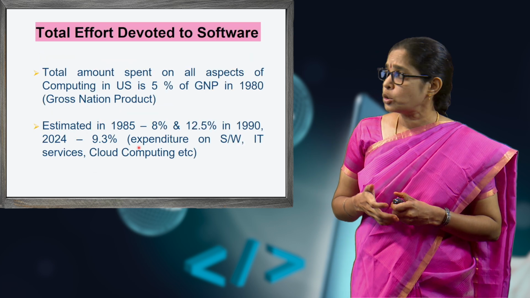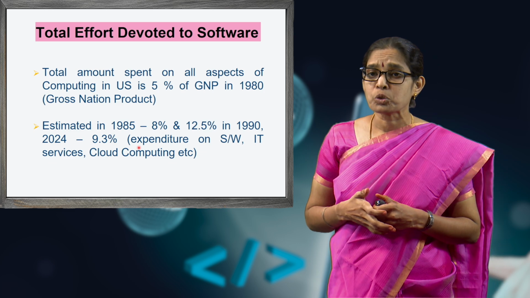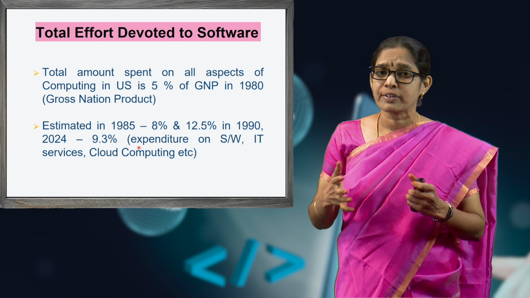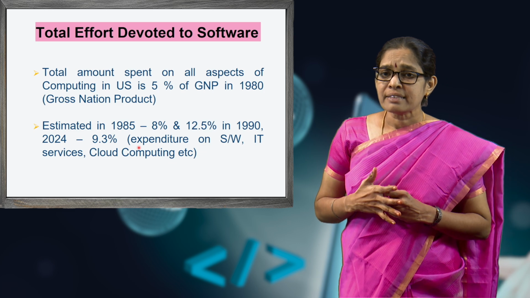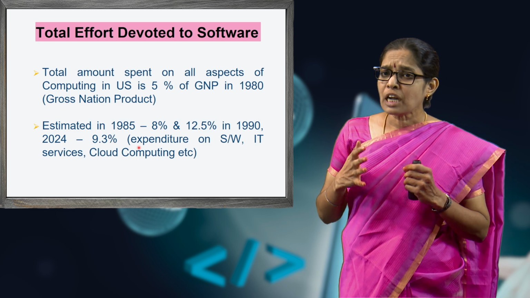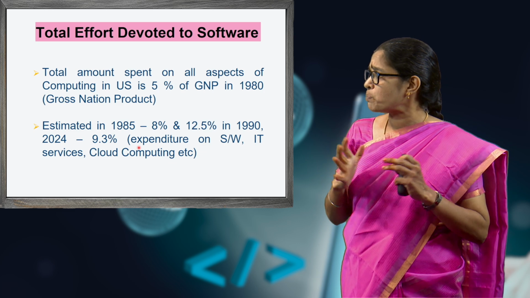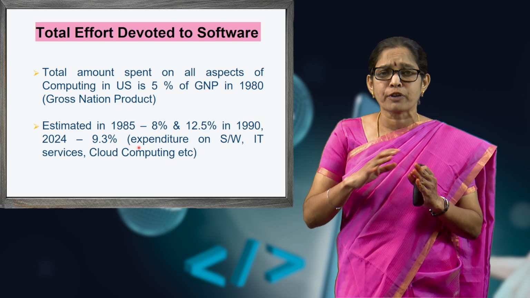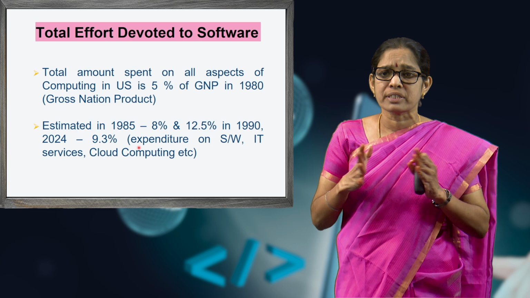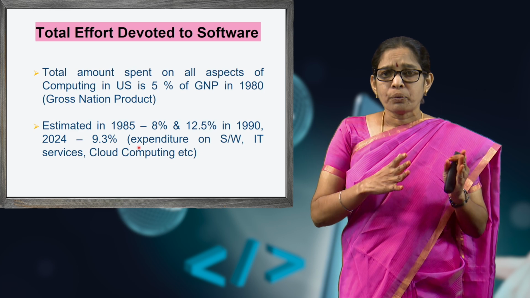First, let us see the total effort distributed to software utilized for software development. In earlier days, like in 1980, the total amount spent on all aspects of computing in the US was 5%.